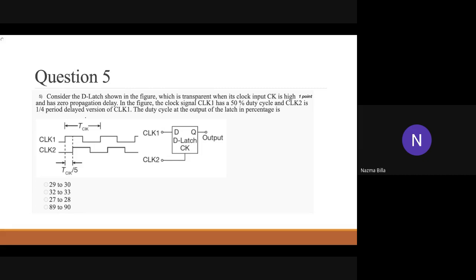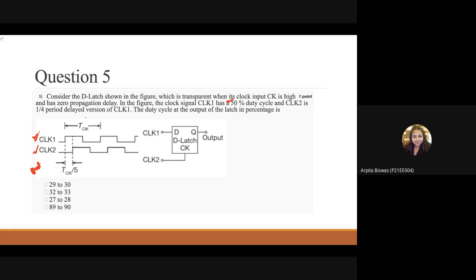Clock 2 will be delayed by one-fourth period, so after the one-fourth delay, clock 2 will start. The clock 1 and clock 2 are already given in the circuit, you just have to find the output clock.